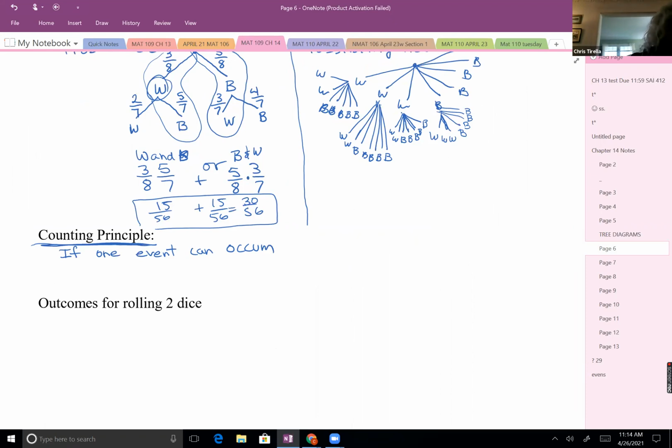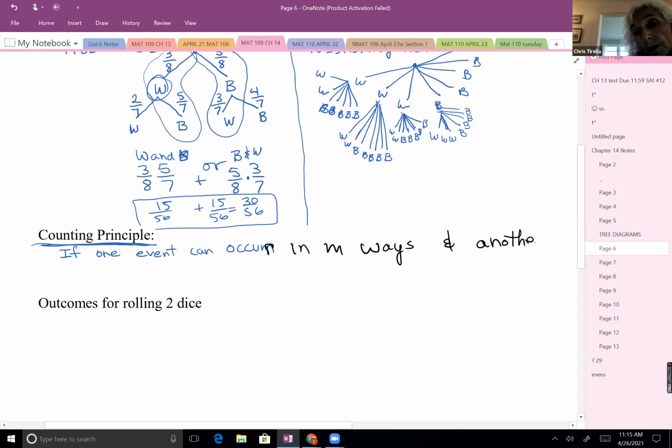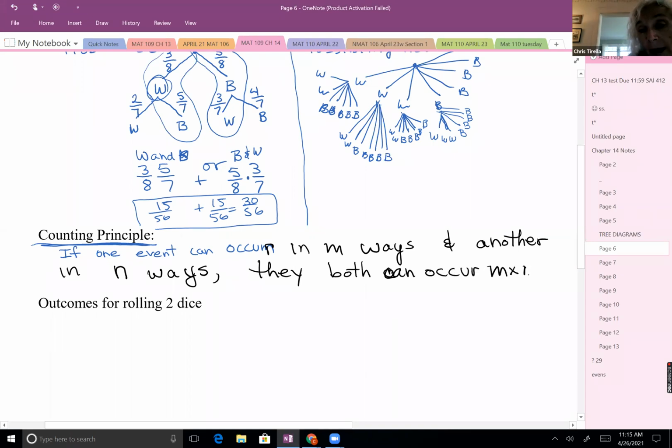What the counting principle says is, if one event can occur in M ways and another in N ways, they both can occur in M times N ways. Or we multiply.